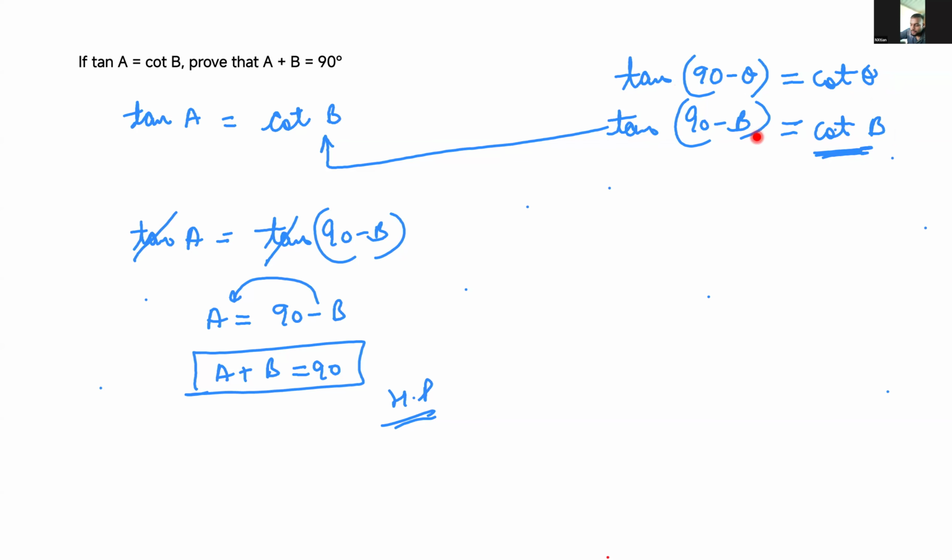Now I just displace the value of cot B here, which is tan(90 minus B). Now both the sides have only one term, which is tan. So I just cut tan, tan, and what remains is A is equals to 90 minus B. Now this minus B will go other side and become A plus B. Understood, everyone? Write it down quickly.